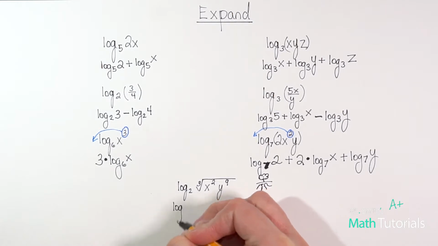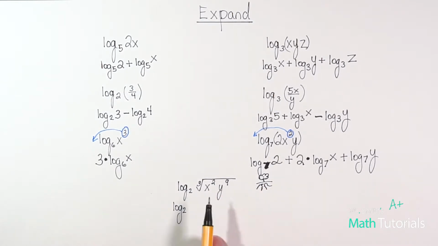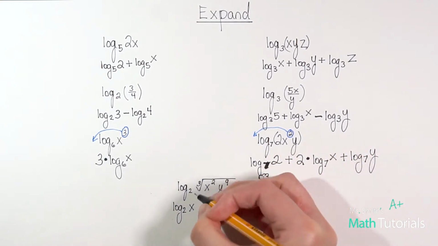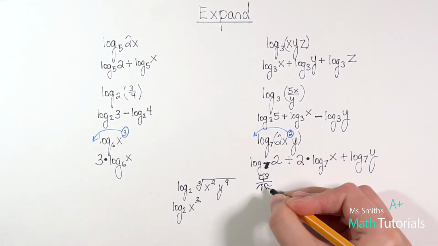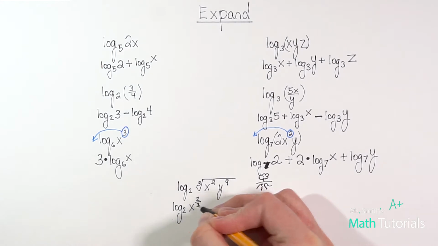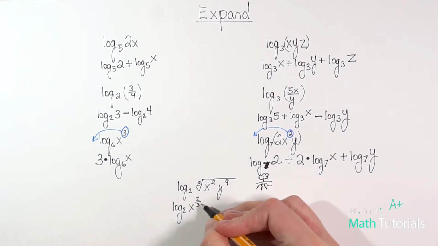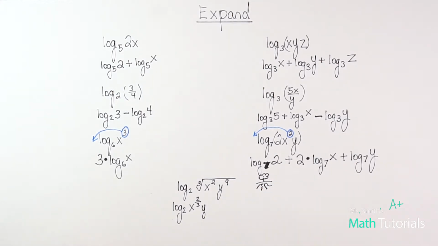So log base 2, not going to change, of x to the flower is the power, 2 over root is the root, 3. So that's x to the 2/3 power. And I'm going to do the same thing with y, right? So we're multiplying these. So you could put a little times here, or you could just write them right next to each other, because that implies multiplication.